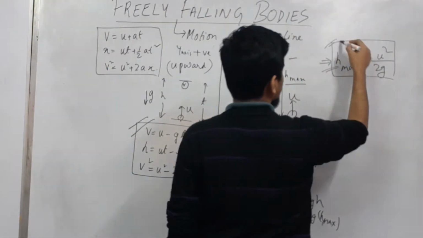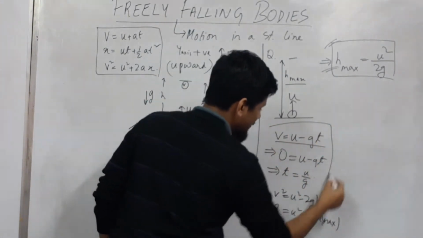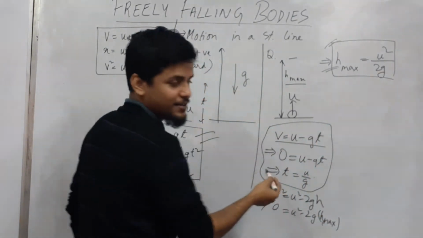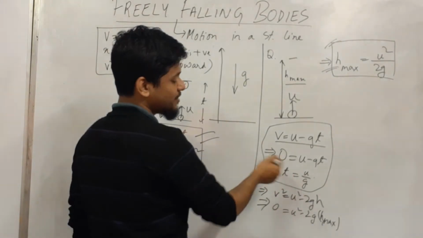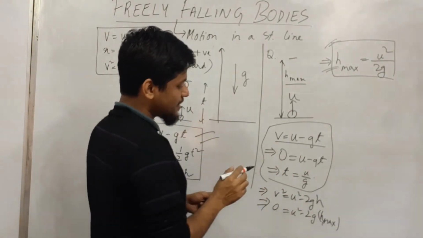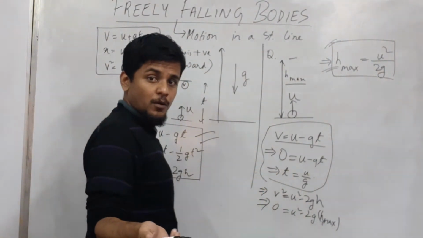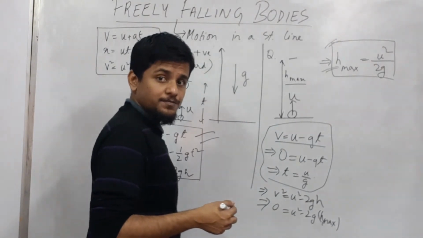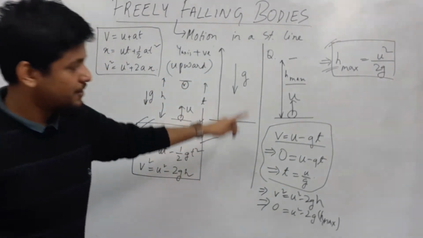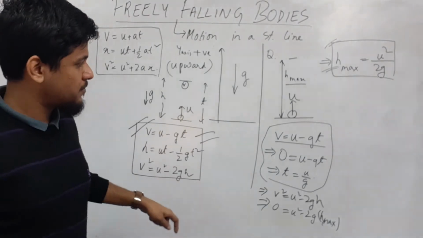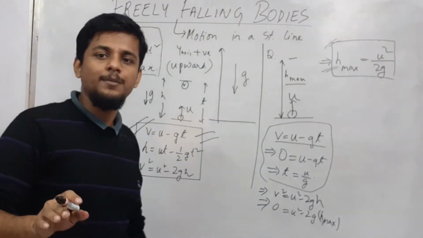This is the answer. And the portion that I was doing over here is the time taken to reach the maximum height. Now let me continue the problem further and find out the time taken for the particle to go up and then fall down, basically the time of flight.